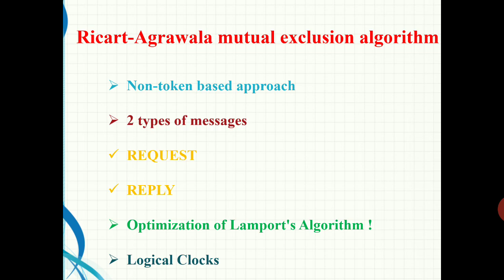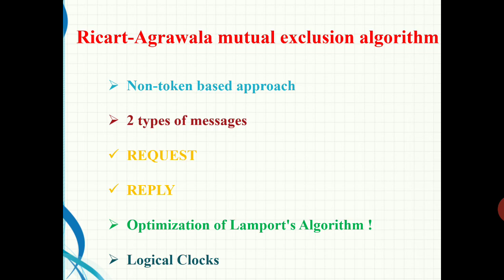The processes in the Ricart-Agrawala algorithm use a Lamport-style logical clock to assign timestamps to critical section requests, and timestamps are used to decide the priority of requests.